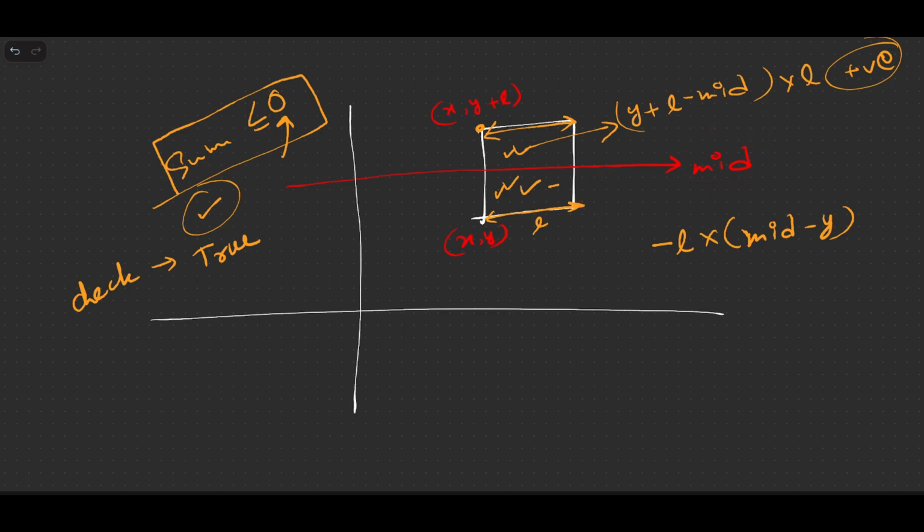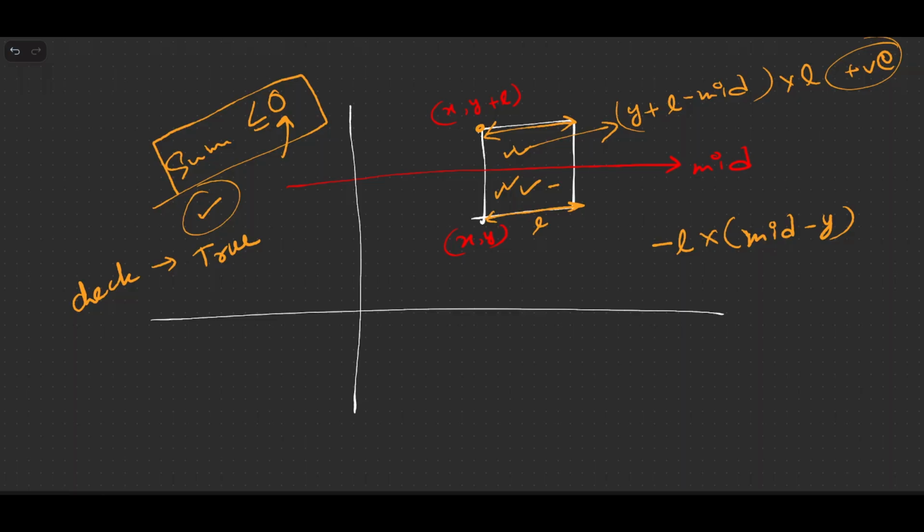Then if y plus l lies below the mid, that means the whole square lies below the mid. And if the particular y, the lower point, is itself above mid, then we can say the whole square is above mid.